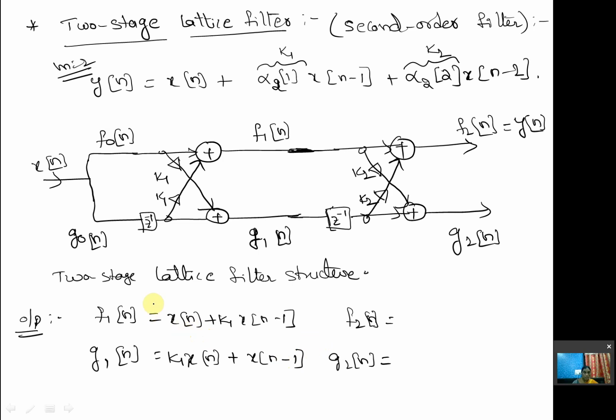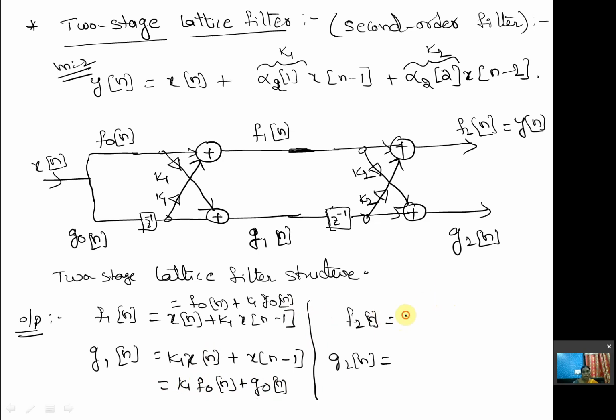Or that means this is also equal to, I am writing in another form. So see this. f0 of n plus k1 g0 of n. And here k1 f0 of n plus g0 of n. Am I correct? Now what is f2 of n?